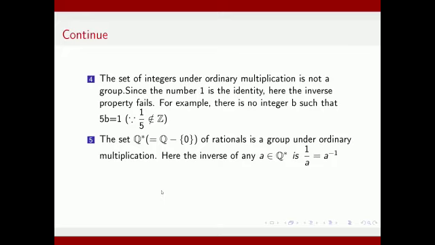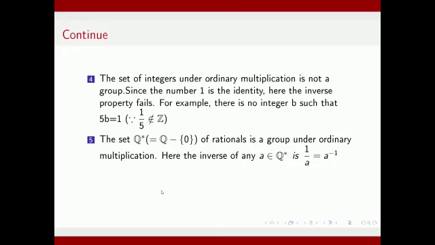Think. What is the definition of inverse? For any a in Q, there must exist b in Q such that ab is equal to 1. Here 1 is the identity element of Q. But 0 does not have inverse, since 0 into a, where a is any rational, is equal to 0.